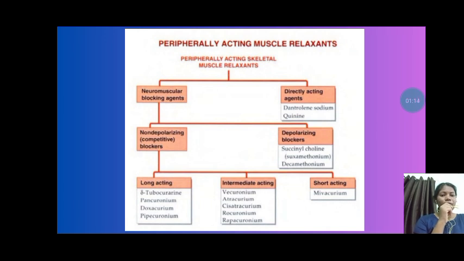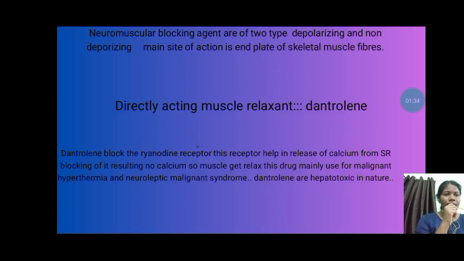Long acting include tubocurarine, pancuronium, doxacurium, and pipecuronium. Intermediate acting include vecuronium, atracurium, cisatracurium, rocuronium, and rapacuronium. Shortest acting includes mivacurium.